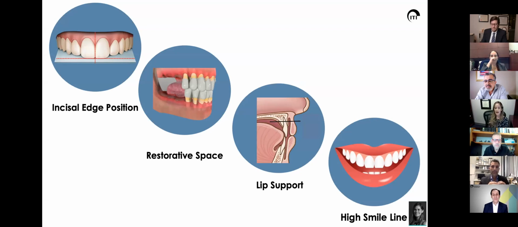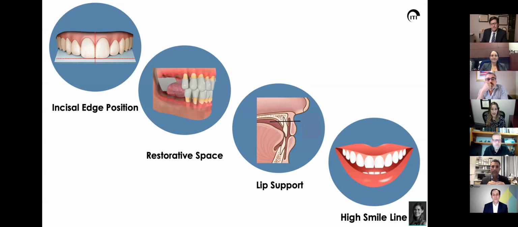And if I could add to this parameter the importance of the lip length, thickness, and mobility, and understand that these parameters are not static, but very much dynamic. And also recognizing that there are differences that can range between ethnicity, age, and gender.